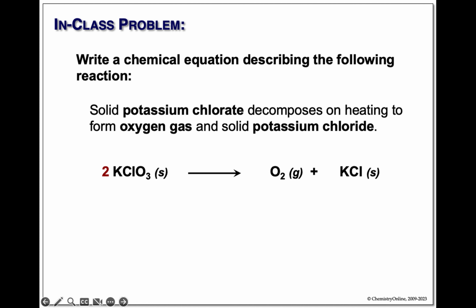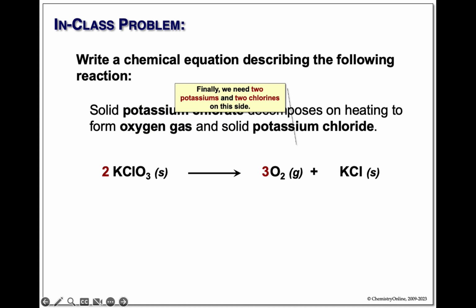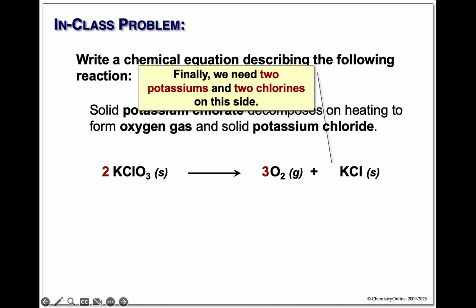Now, when we do that, the damage we have done, we have now made 2 potassiums, 2 chlorines, but we have an even number of oxygens. We have 6 oxygens to be exact. Since they come as pairs, we need a 3. We also had 2 potassiums, 2 chlorines, so we need a 2. And by George, it's balanced.